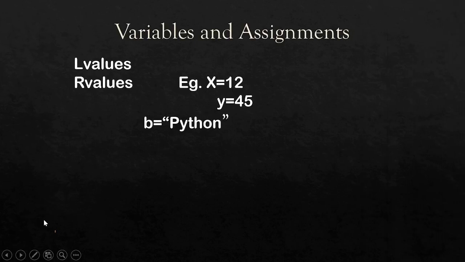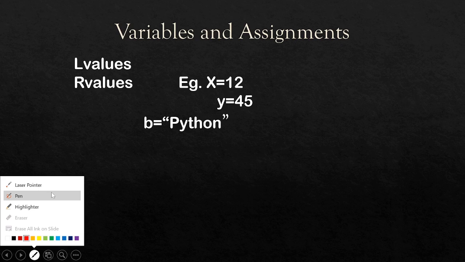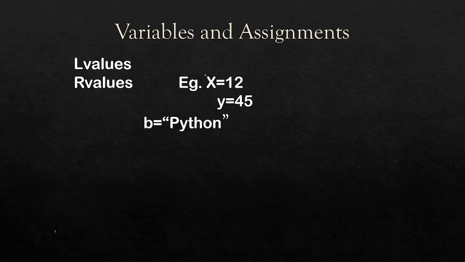Here, if we are using x equals 12, this x is called a variable and this 12 is called a literal. If I tell you that x is a variable as well as an identifier, here y is an identifier and 45 is a literal, that is a value.